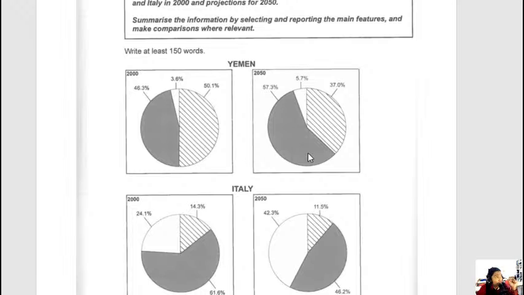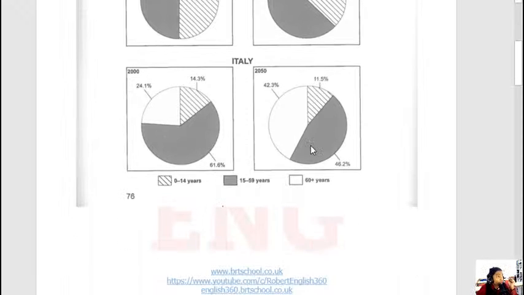So that's what I notice. And the white part, which is the 60-year-olds, is pretty much stable. And in Italy, by the way, the white part, which is 60 plus years of age, will grow by almost a quarter, won't it? And the 0 to 14-year-olds are also the same.